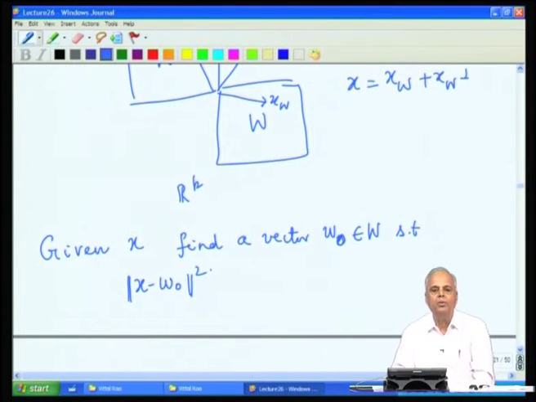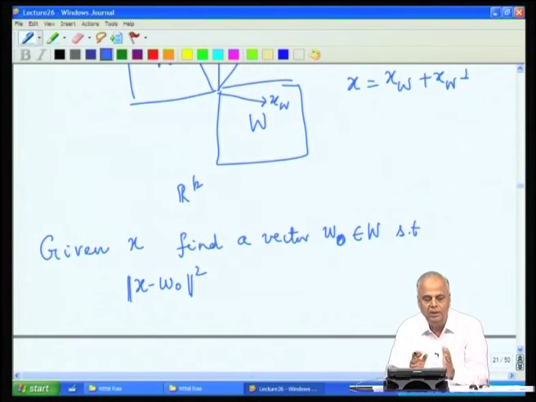suppose I take W naught as the approximation for x, then the error is x minus W naught, and the quantification of the error is the length squared. So, this is the error by taking W naught as the approximation of x.